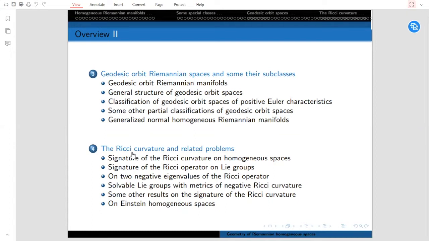Okay, then the third talk will be devoted to quite an important class, geodesic orbit Riemannian spaces. This could be defined as manifolds where all geodesics are homogeneous, or in other words, every geodesic of such a manifold is the orbit of a one-dimensional group of motions. It's a very natural geometric definition, but in any case, it's not so easy.